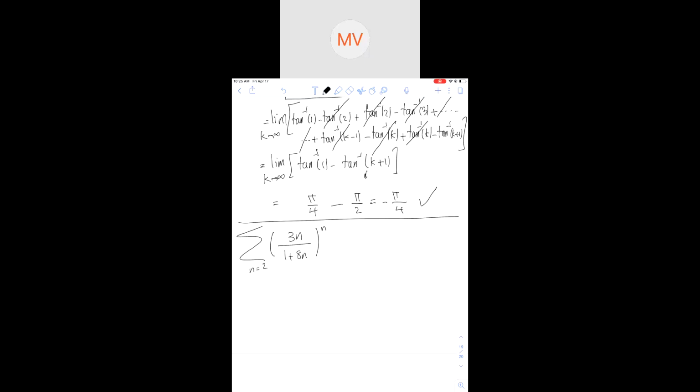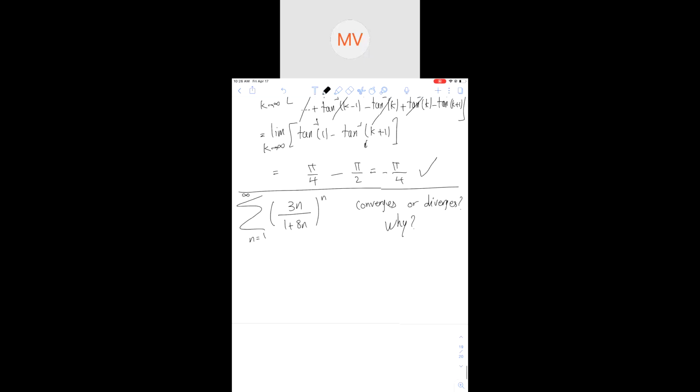From 1 to infinity. So the question is, does this converge or diverge? Why? So what's the first thing you do?